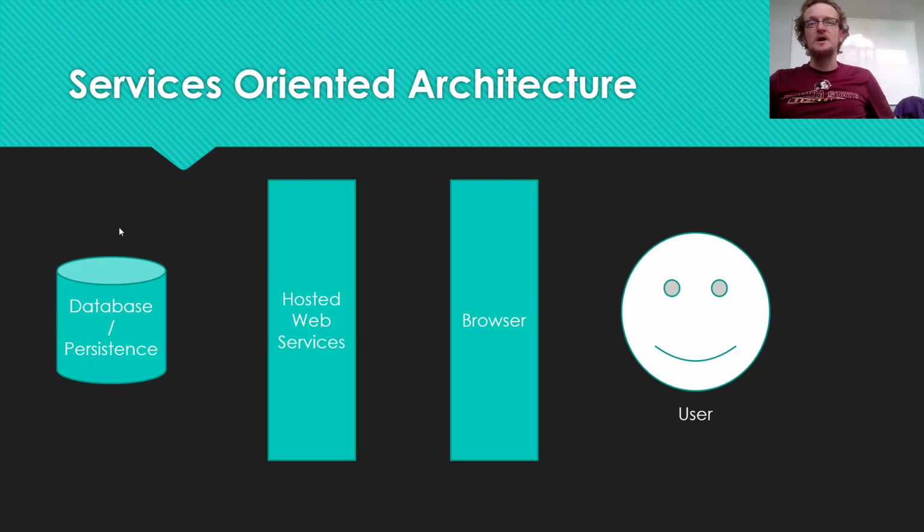We're trying to get data from this database to this user, and input from this user to this database, kind of seamlessly. The browser acts as the UI component. It gives you all the controls and all the client-side business logic.